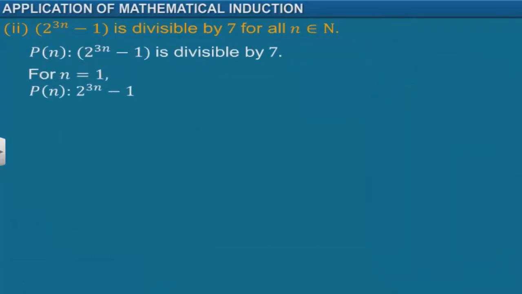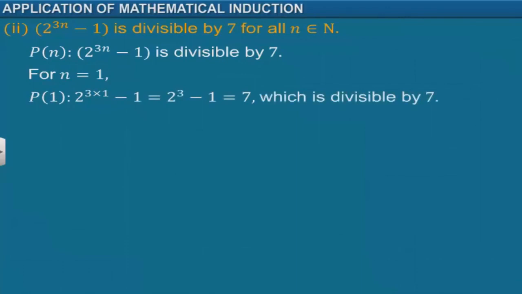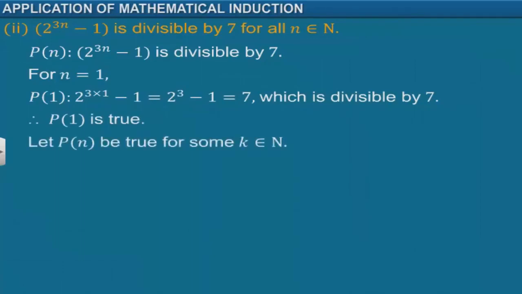On replacing n with 1 in the statement, we get 7, which is divisible by 7. Therefore, P of 1 is true. Let the statement P of n be true for some k belongs to N. Therefore, 2 raised to the power 3k minus 1 is divisible by 7. Let this be equation 1.